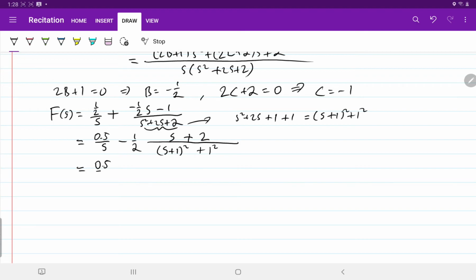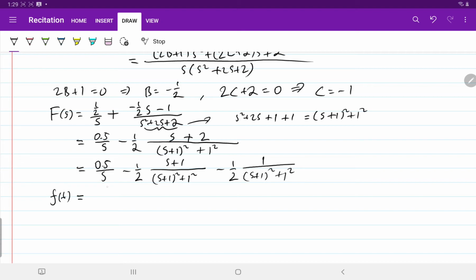so you have 0.5 over s minus 1 half, s plus 1 over s plus 1 squared plus 1 squared, and then 1 half, 1 over s plus 1 squared plus 1 squared, right? Okay, so you can check the Laplace inverse table to find f of t.